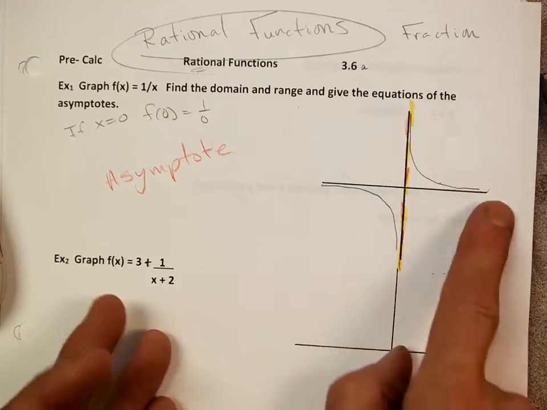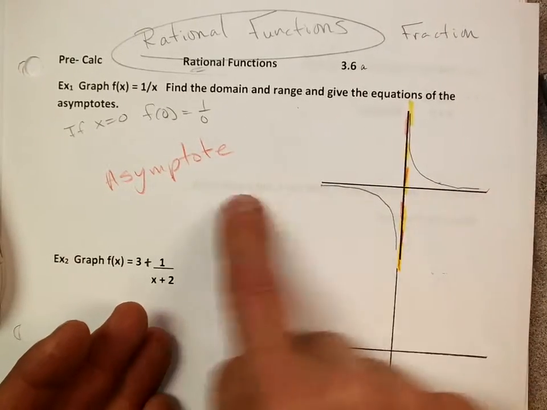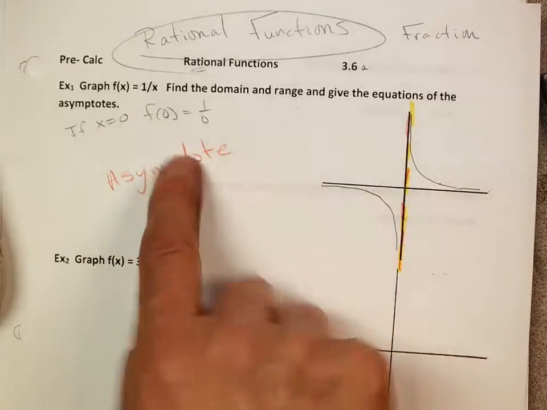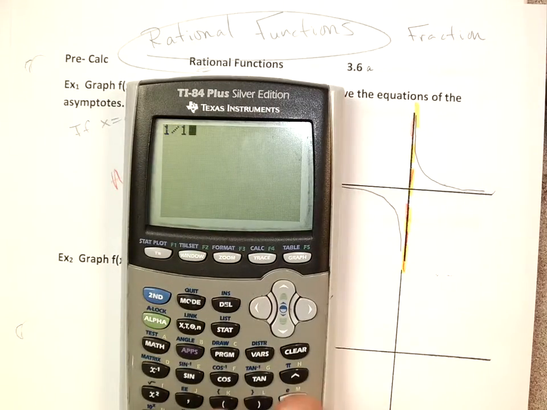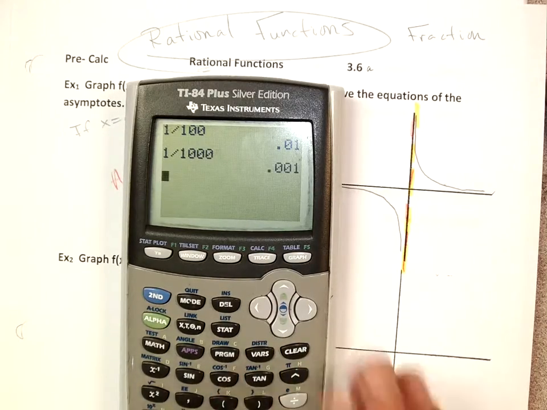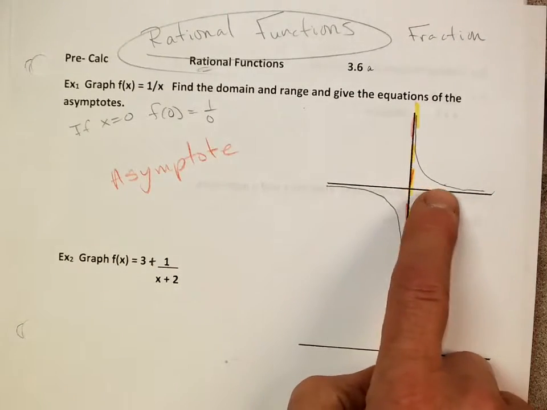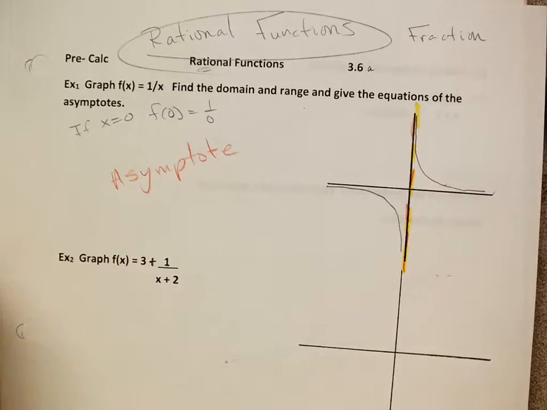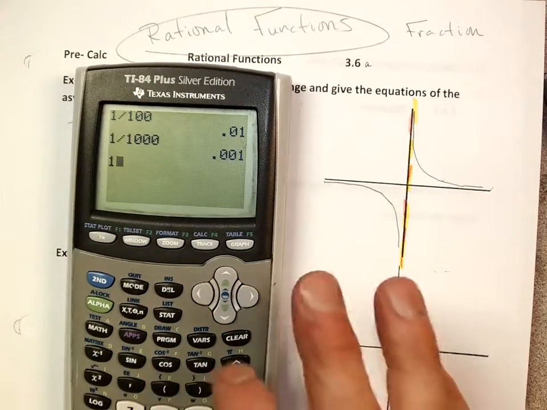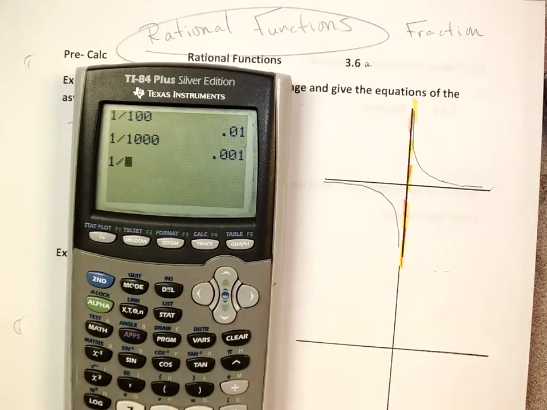Now we have a second asymptote, and that's my horizontal asymptote. If I take 1 divided by 100, I get a pretty small number, right? If I get 1 divided by 1,000, I get an even smaller number. So as x gets bigger and bigger, the value of y gets smaller and smaller, but I'll never get to 0. 1 divided by what is going to give me 0? 1 divided by 0?